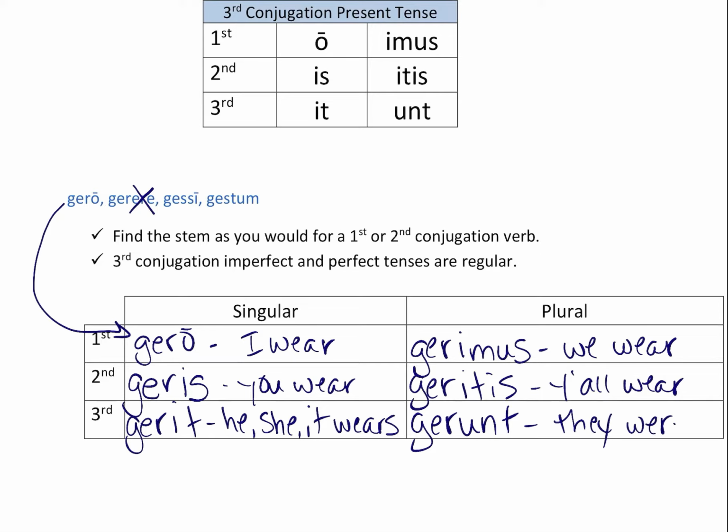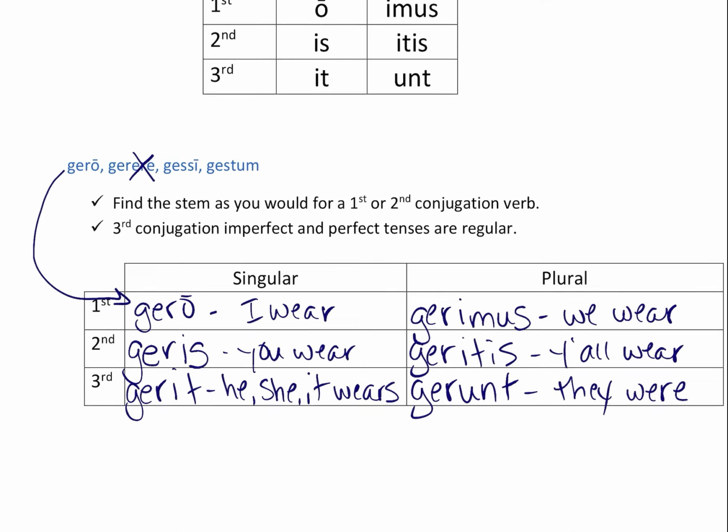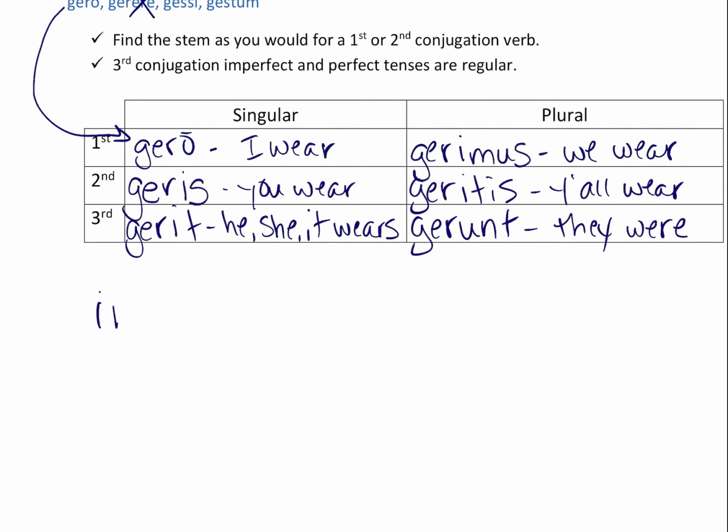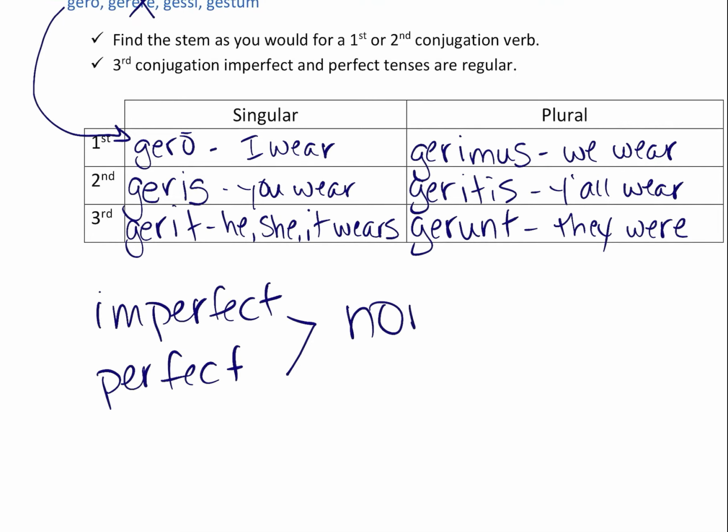Now, what about imperfect and perfect? Okay, we're not going to talk about future because that's completely different. But imperfect and perfect, the thing you need to remember is they're normal. They have no special endings.